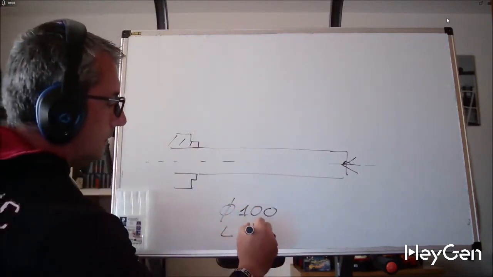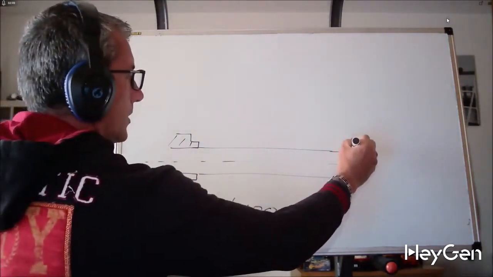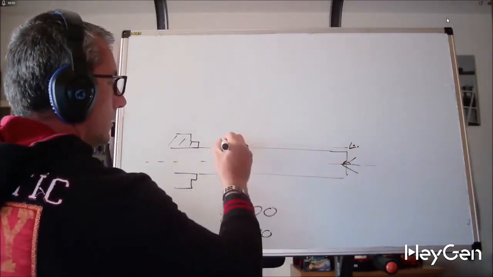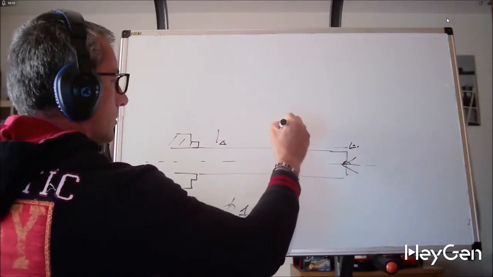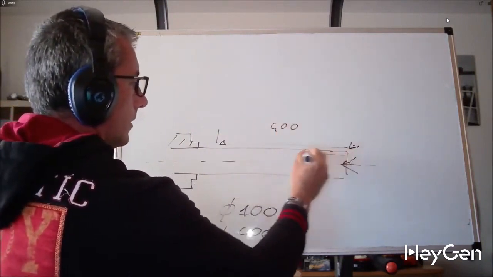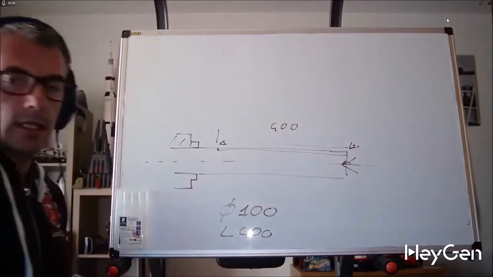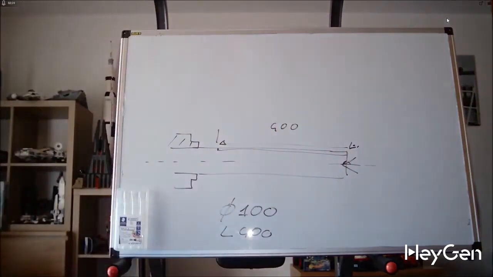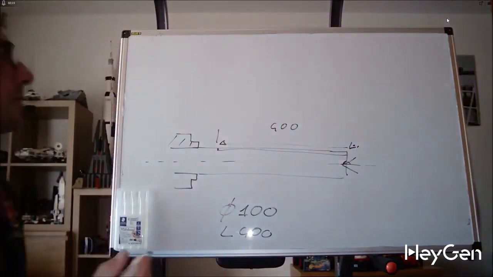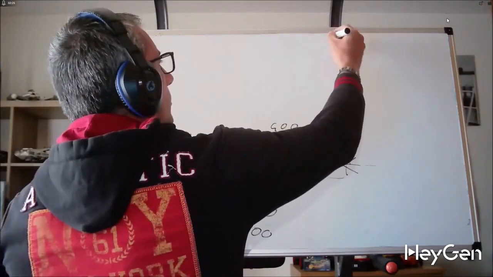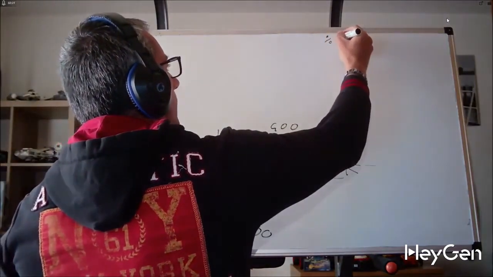In short, we position the tool here, we turn it for 400 in length, removing material to ensure that the final diameter achieved is 100. That's what we're doing. A percentage program from 0 to 100.